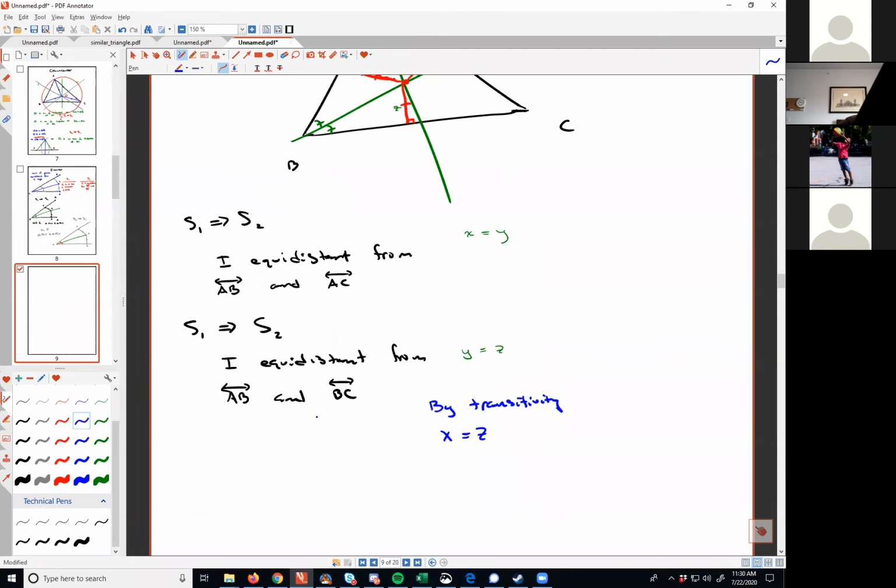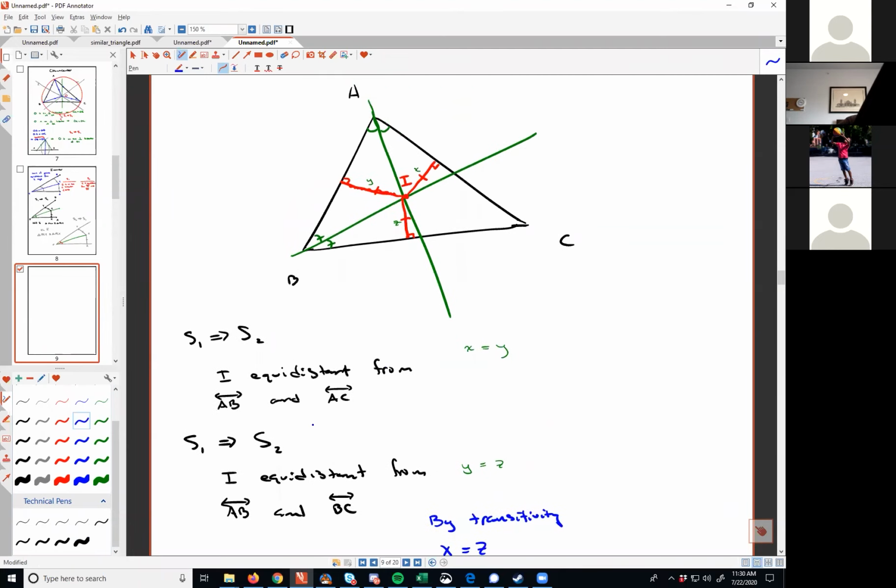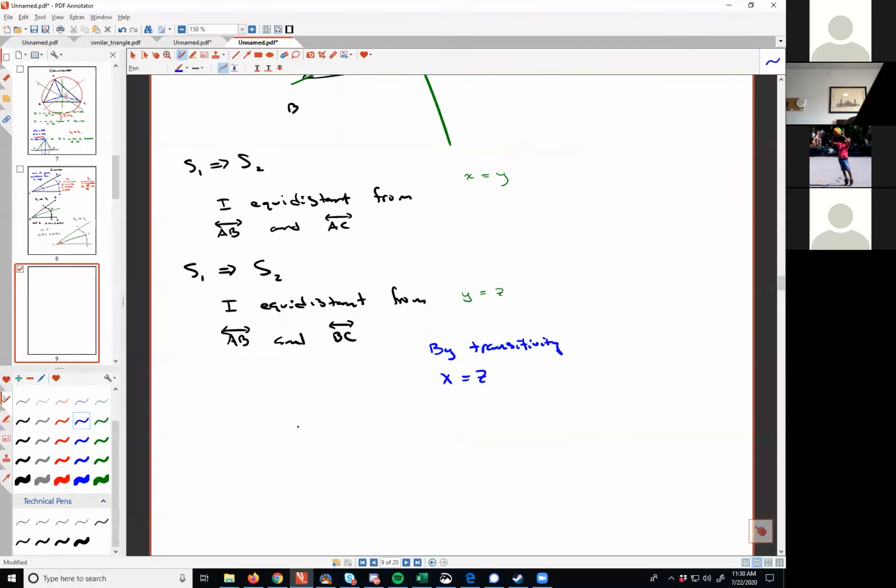So we know that point I is equidistant from AC and BC.